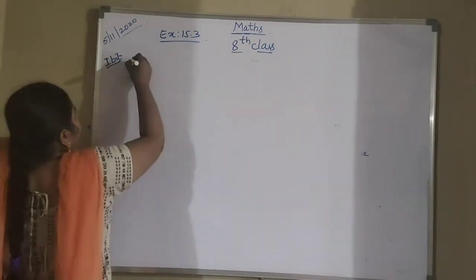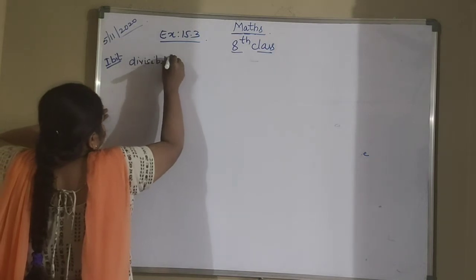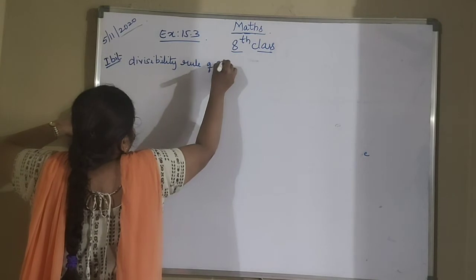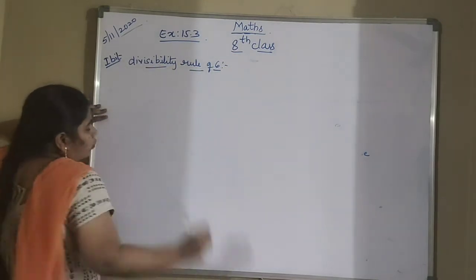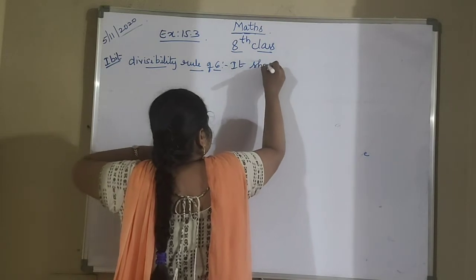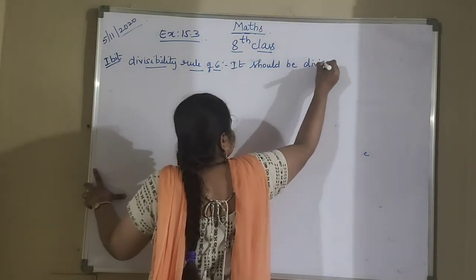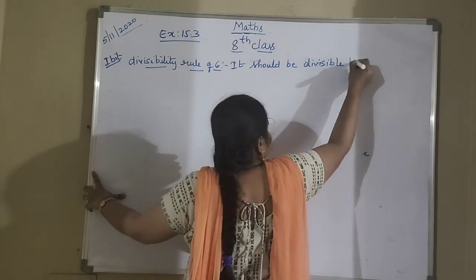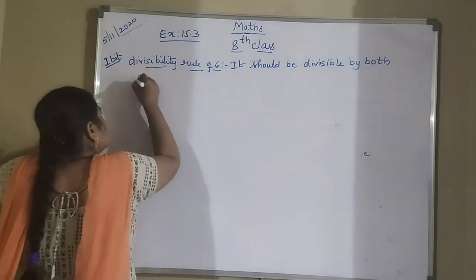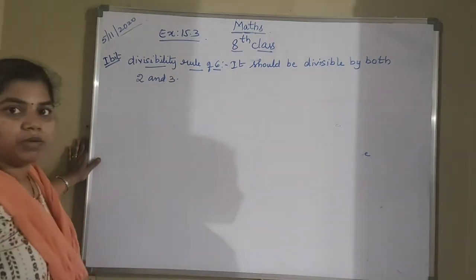So what is the divisibility rule of 6? It should be divisible by both 2 and 3. Then only it will be divisible by 6.